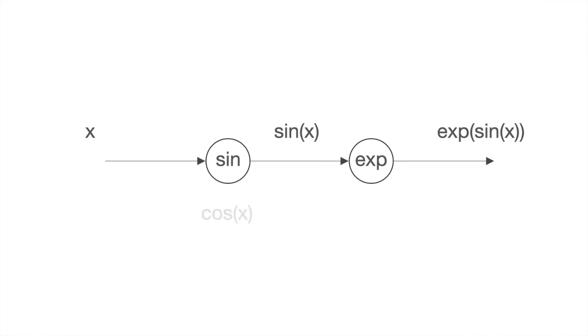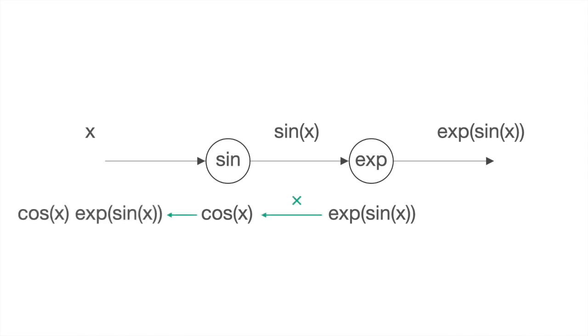The derivative of sine is just cos. The derivative of e to the x is just the same as the output. So in this case, it's e to the sine x. Once again, we can multiply this backwards through the graph and get that the overall derivative is cos x multiplied by e to the sine x.